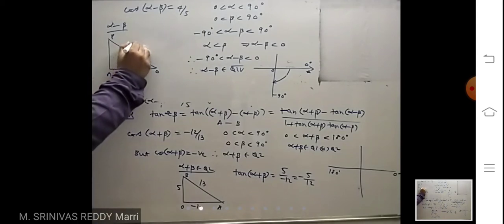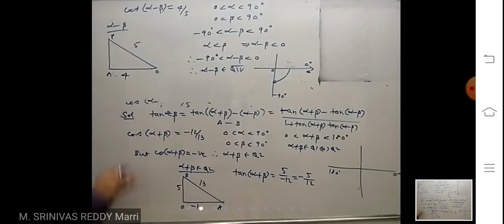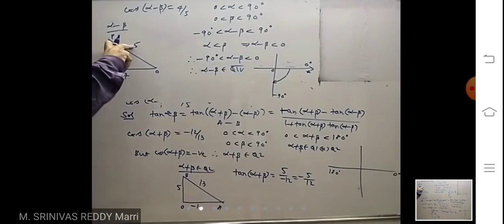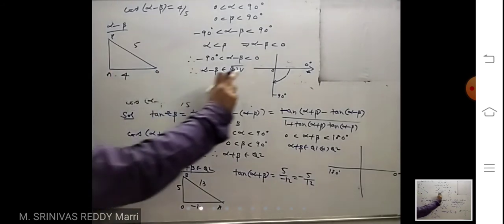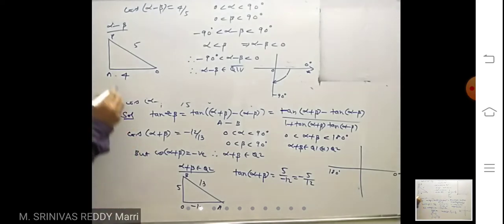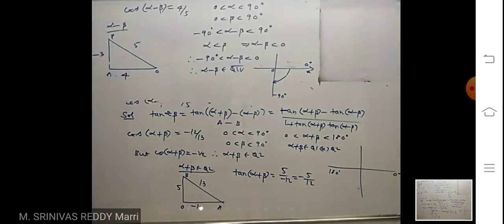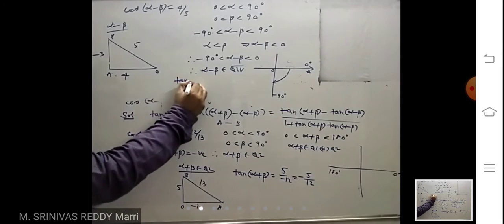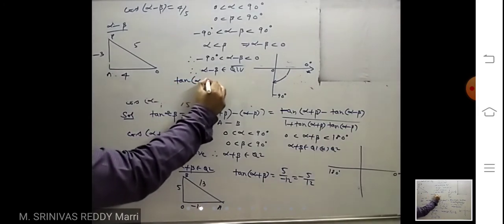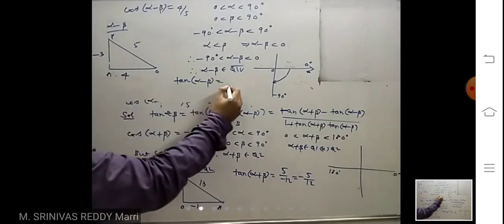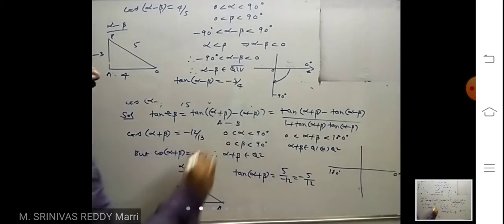So this is 4, this is 5. Actually this length is what? Root of 5 square minus 4 square, that means 3. But as it is in quadrant 4, you have to take this as negative. This is x positive, y negative. So that means what you have to write? Minus 3. That means tan of alpha minus beta is nothing but minus 3 by 4.